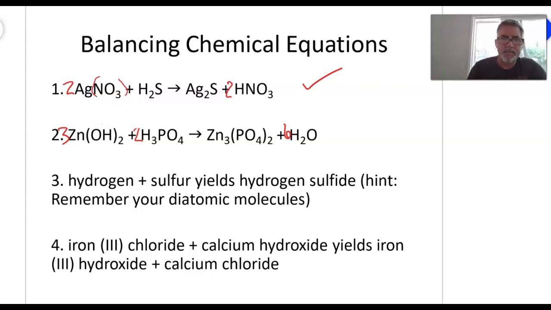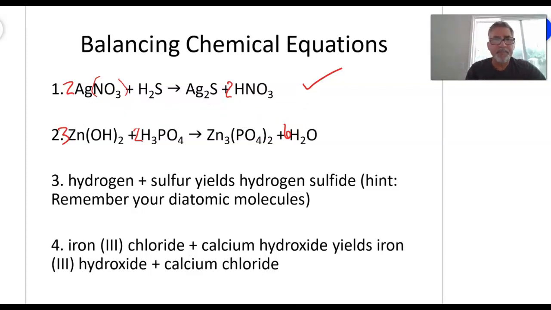We're going to count oxygens now. So over here I have 6 oxygens here. I have 2 times 4, I have 8 oxygens here. I have 2 times 4, I have 8 oxygens here, and I have 6 oxygens here. So now all of my atoms match up.